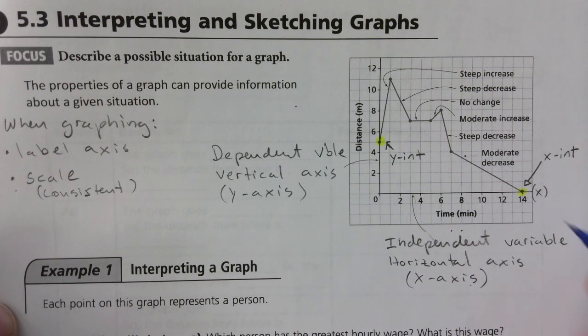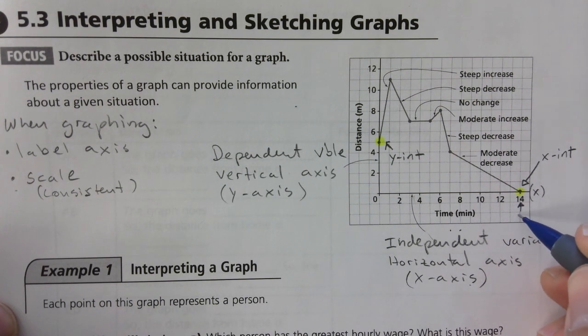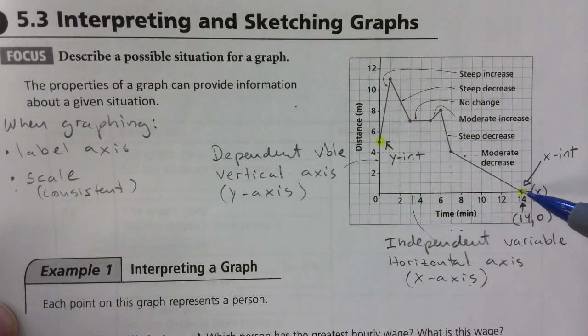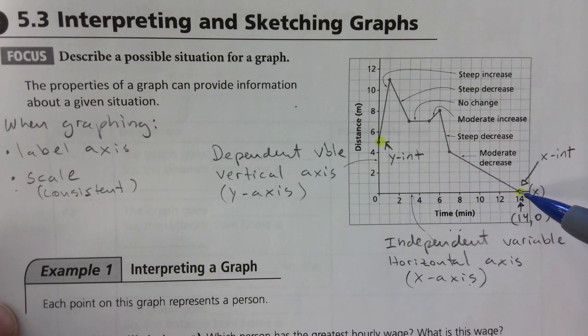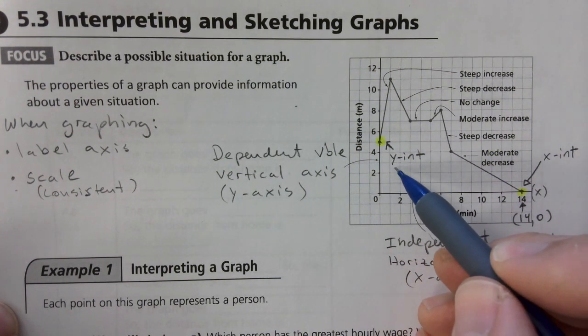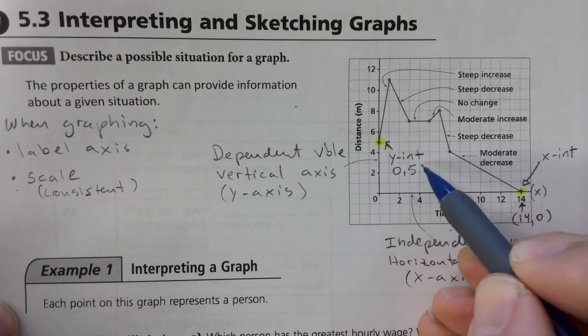Okay. In particular, this point right here is 14, 0, right? So when x is 14, the y value is 0. It's right on the x-axis. In particular, this point over here is when x is equal to 0, when y is equal to 5.